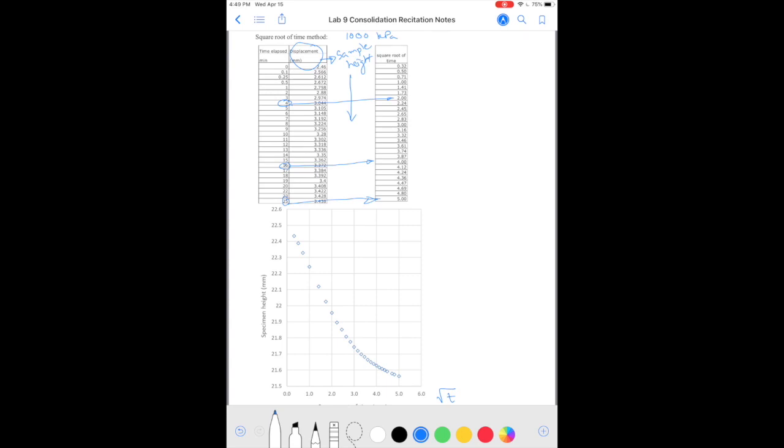So again, we draw a curve through the data points. Okay. And the way to do it is we extend the initial straight line portion to the back, and wherever that intersects, we draw a line that has a slope of 1.15 times the slope of this line.